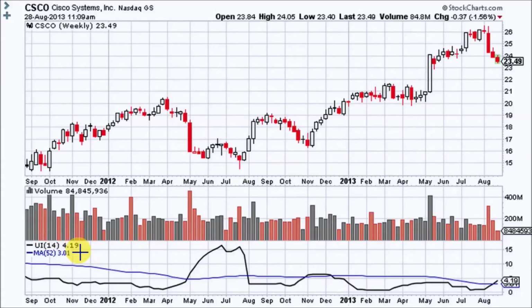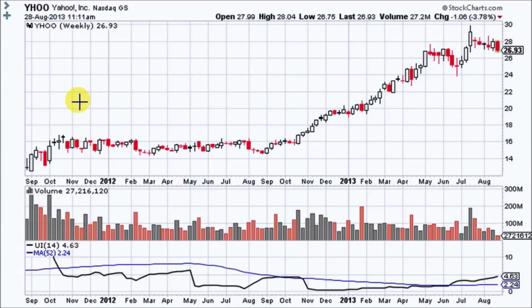So you want to look at 3 other stocks and compare it. Let's take a look at Yahoo, ticker symbol YHOO, and its average is slightly lower over the year at 2.24%, and right now it's at 4.63%, which is a bit higher than Cisco's 4.19%.